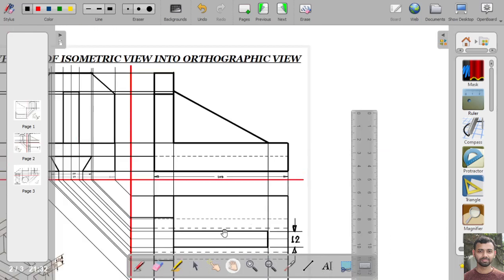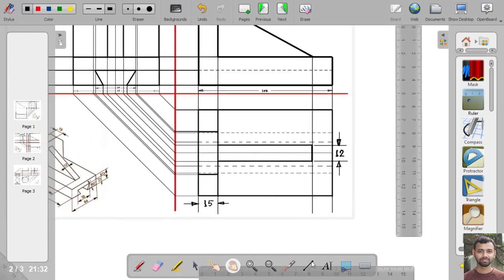So now we will show the 70 mm dimension on this top view. To show that dimension, we can show it in this way. Okay. So this dimension is completed.